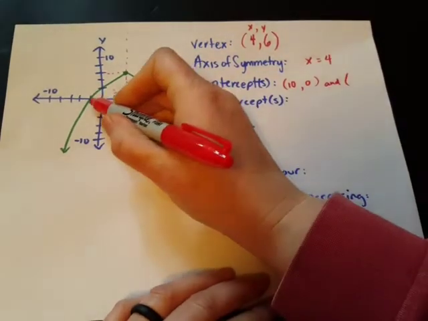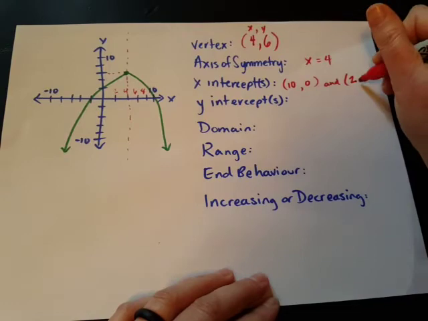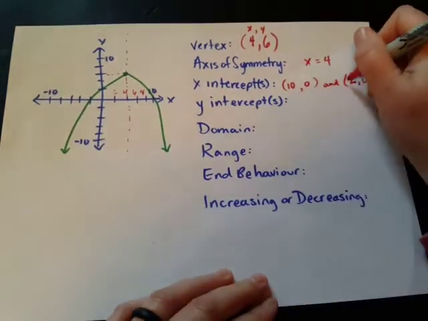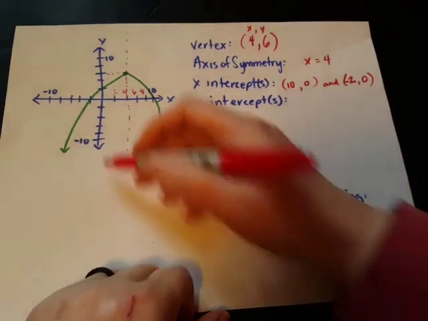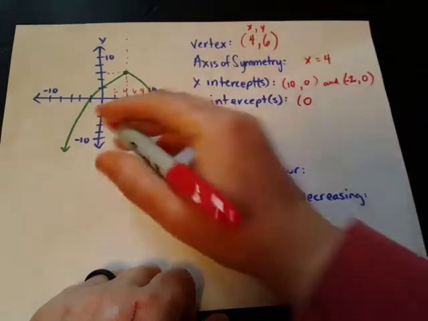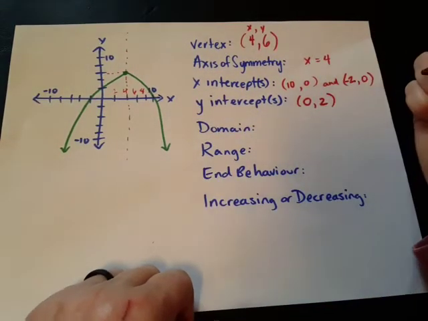And we see it crossing over here also when x is 2 and y is 0. Remember that these are hopping. Oh, -2. Good one. -2. The y-intercept, where does this graph cross the y-axis? We can see it crossing here at 0 for x and a +2 for y.